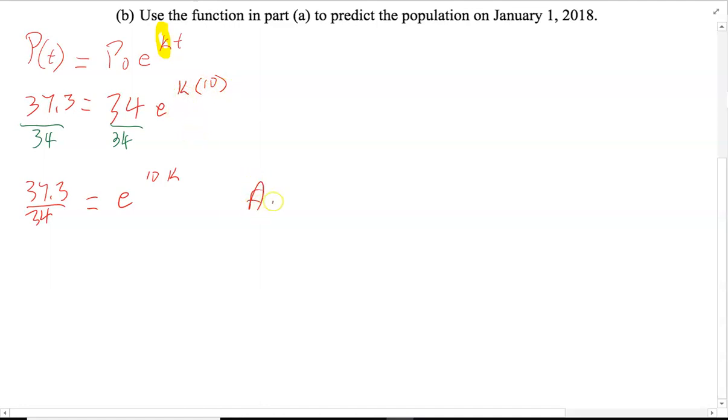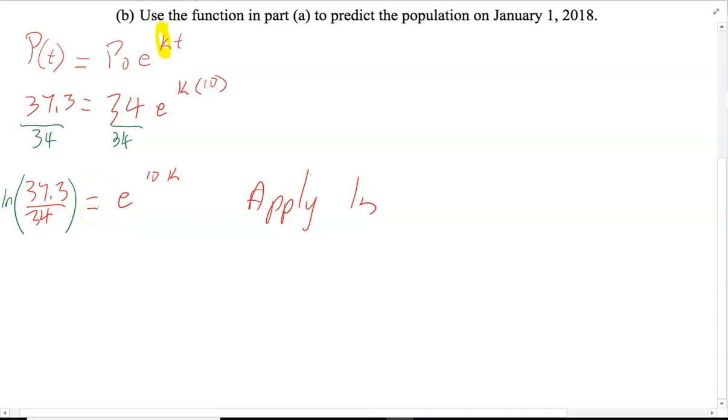Then we apply ln to both sides. We take ln of this side and ln of the other side.